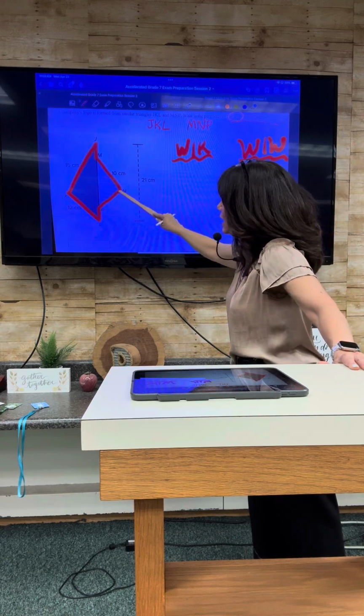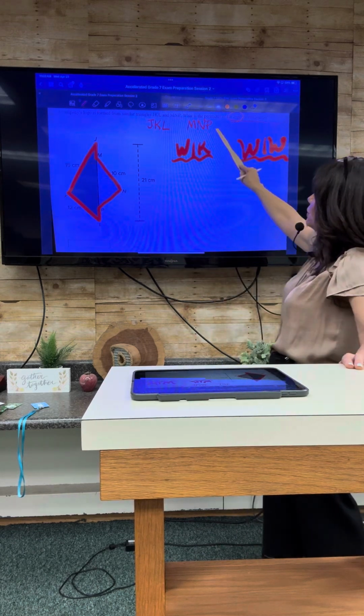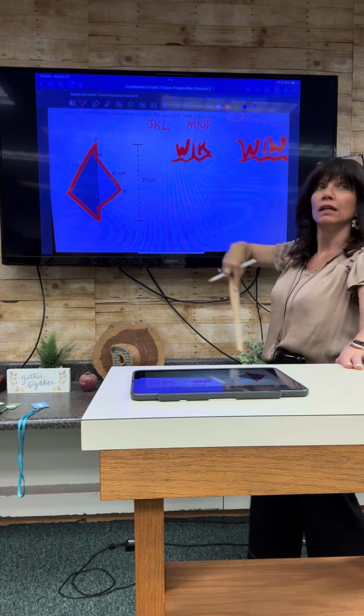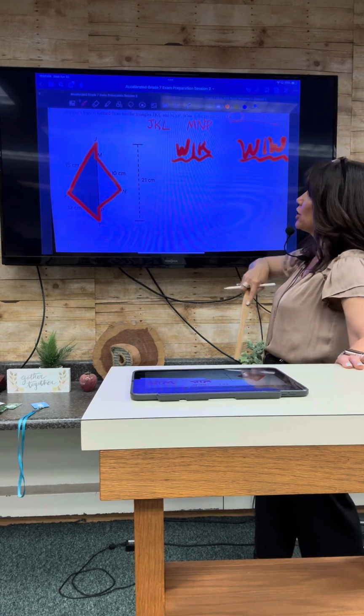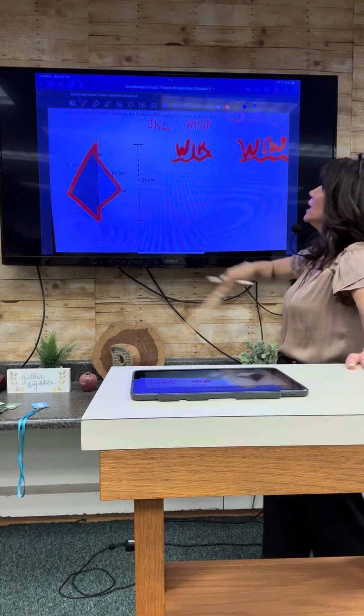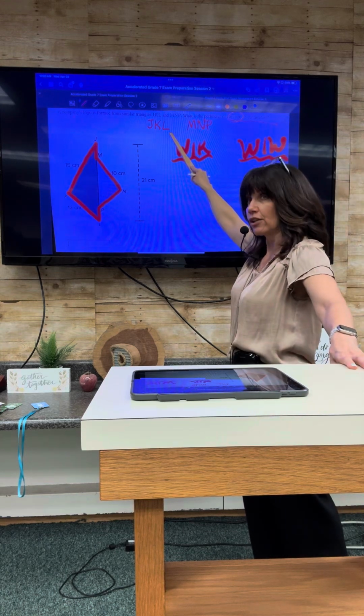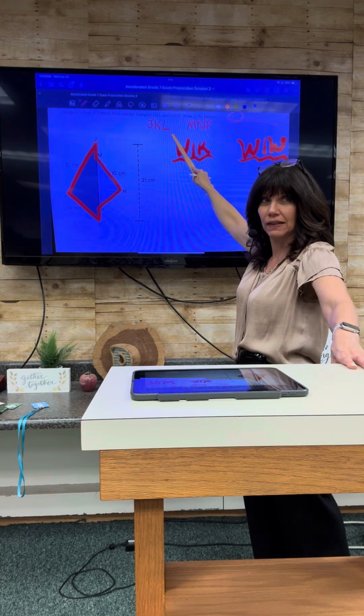Line NP will compare to, now look, NP are the what? Last 2 letters. So what line on the big triangle relates to it? KL, last 2 letters. Are you fully understanding that process? Yes.